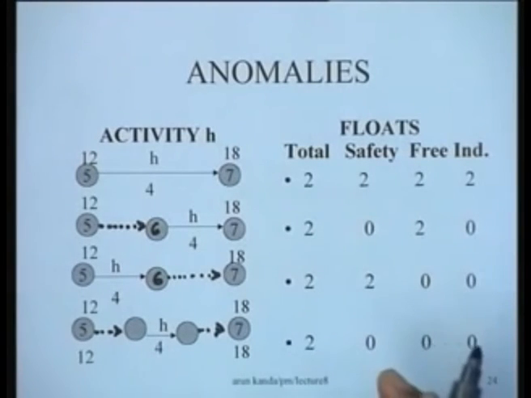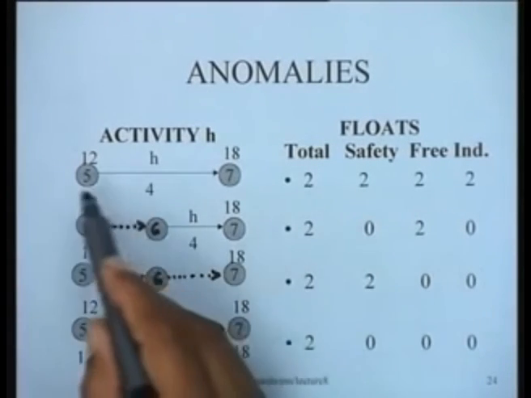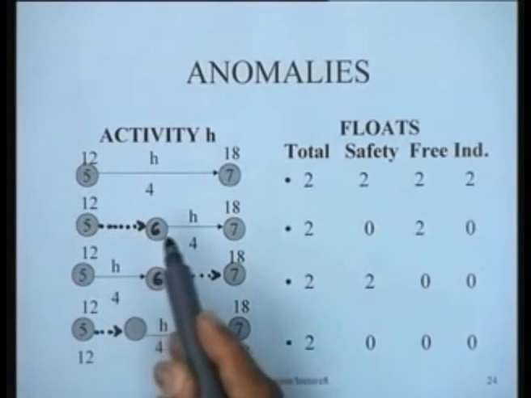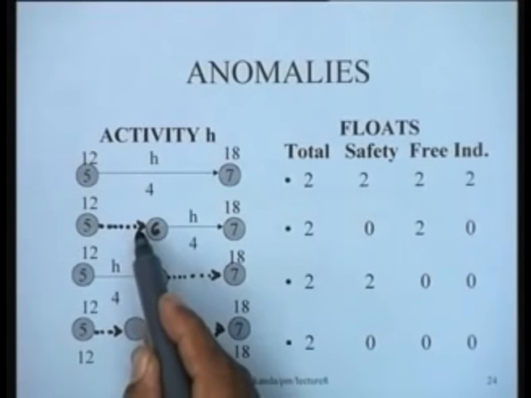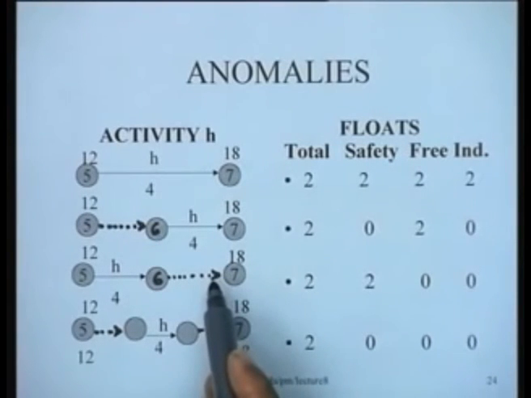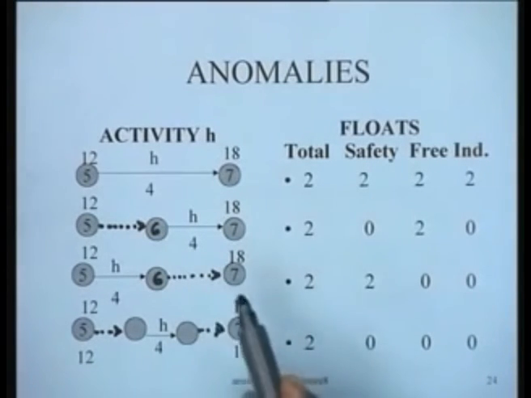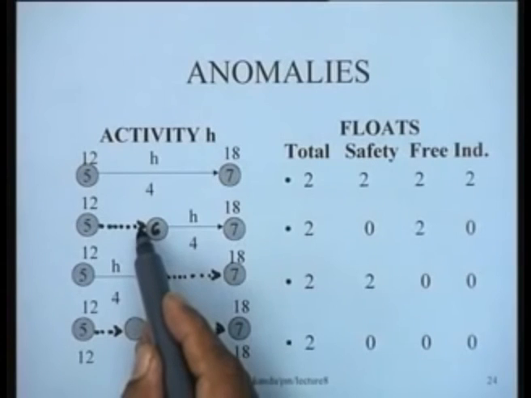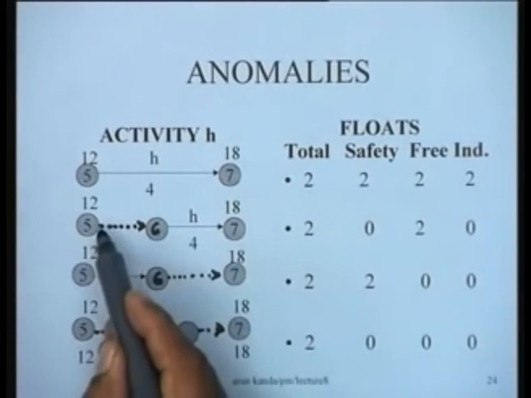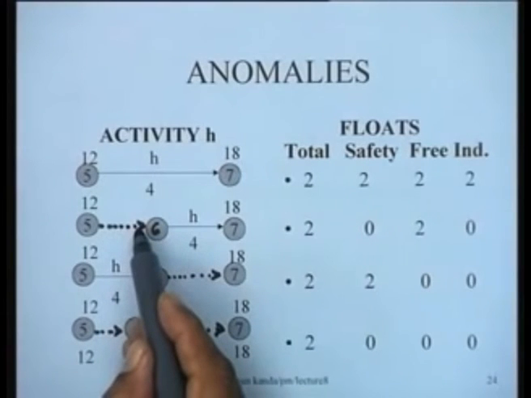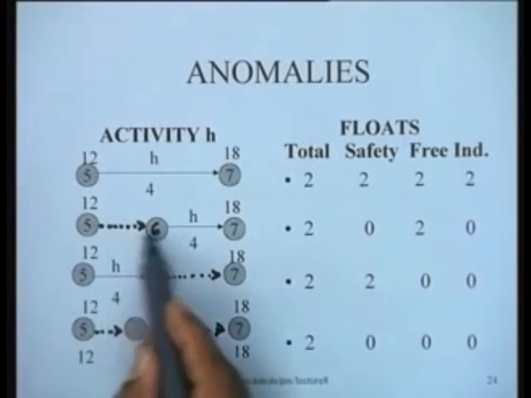Now, this is an anomaly really, because it is only one activity and the dummy is really placed there, and it should not really matter whether you place the dummy here or here. But you see from this example that it does matter where you place the dummy, and the interpretation could be that this dummy is equivalent to an activity which is actually constraining this activity. How? Because this could be like an approval activity which takes 0 time, approval before you do the activity.